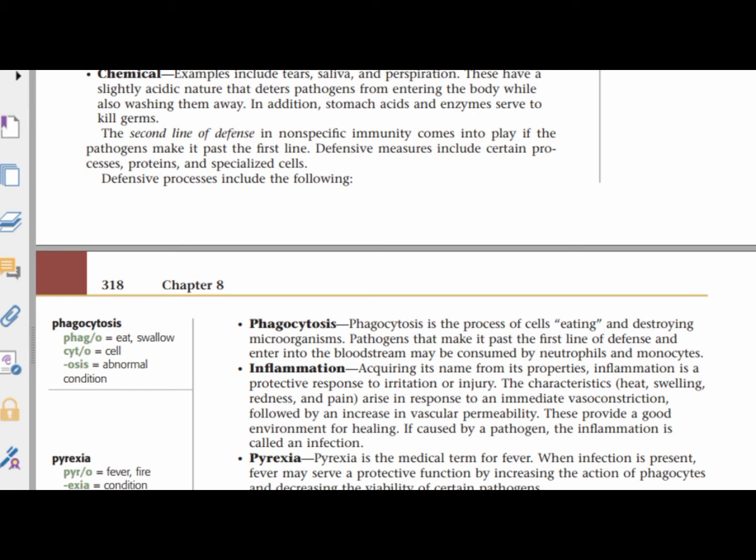Inflammation is a non-specific immune response which targets the bacteria, but at the same time it will also damage good cells adjacent to the damaged area. Pyrexia, fever: as we all know, fever is a non-specific immune response of the body.